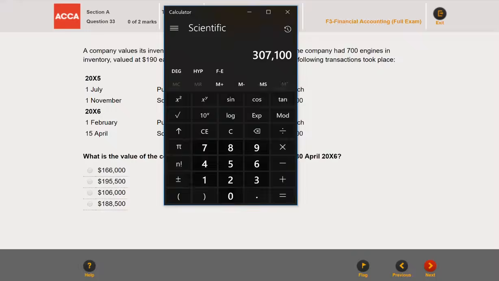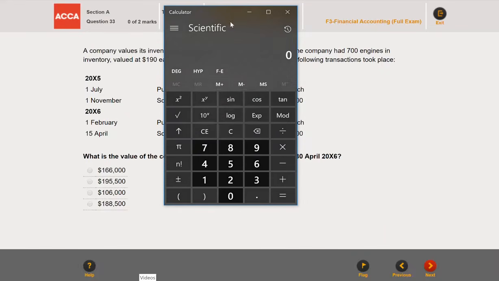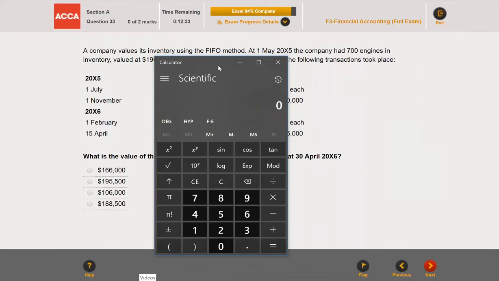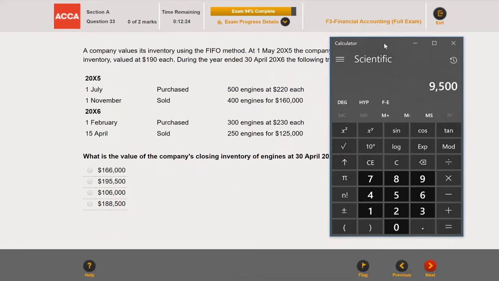So it is 50 multiplied by 190 plus 500 multiplied by 220 plus 300 multiplied by 230.